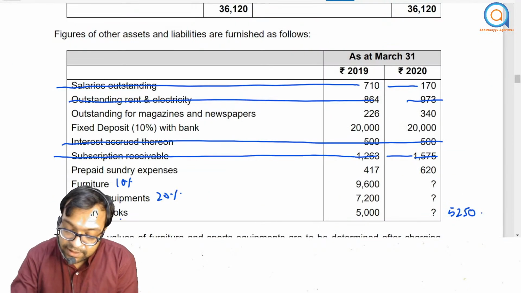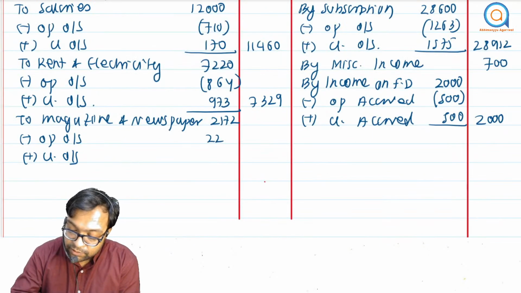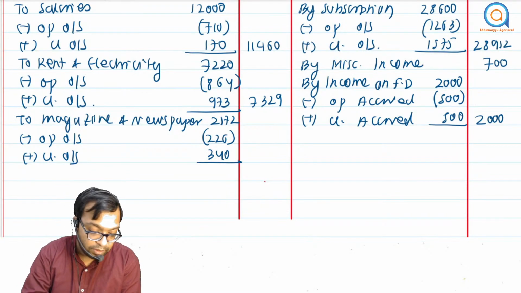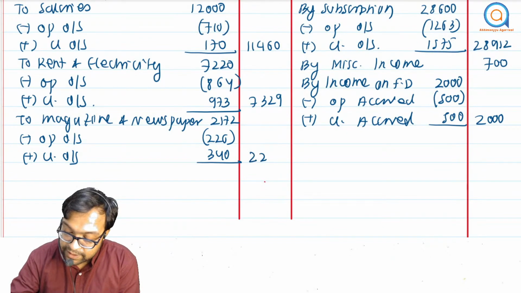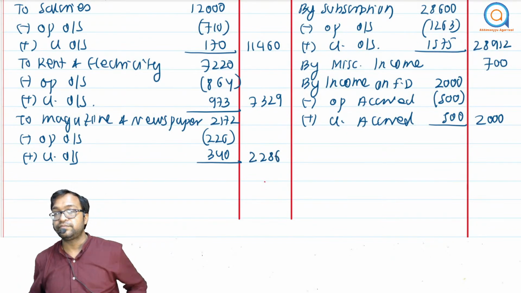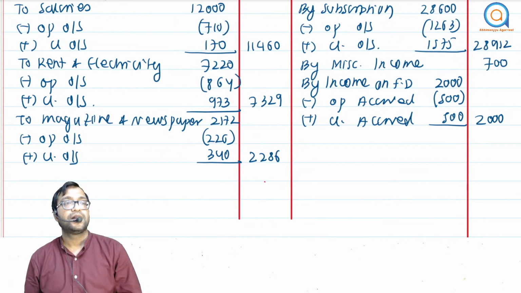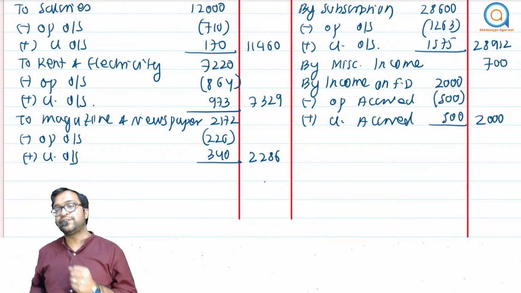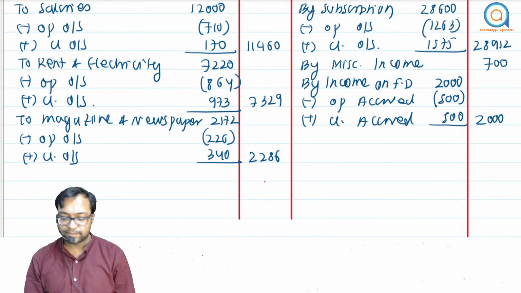You read this. Opening is 226, closing is 340. 226 and 340. 2172 minus 226 plus 340. 2286. Take a 2286.